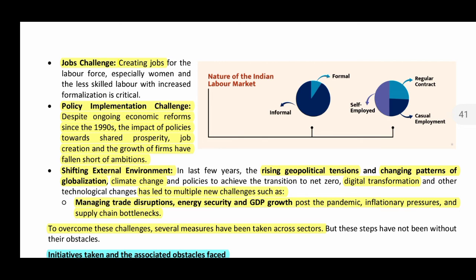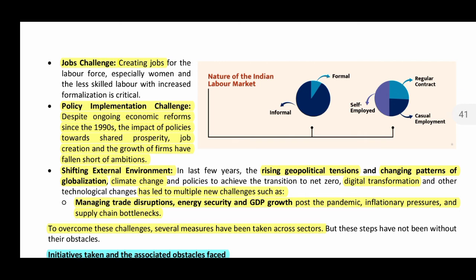And due to the war, India's GDP growth rate has also been reduced. It was expected to grow at above 8%, but right now it is expected to grow at 7% or around 6.5% this year. So these kinds of things create problems in the Indian economy.